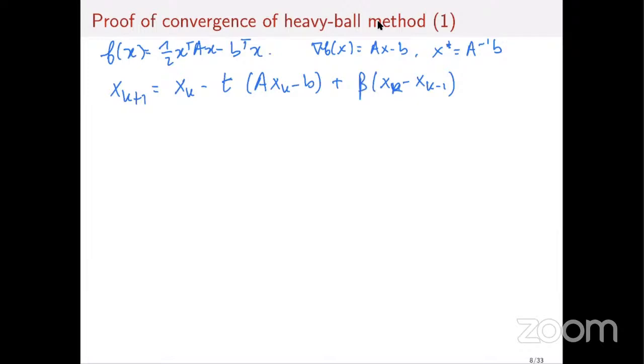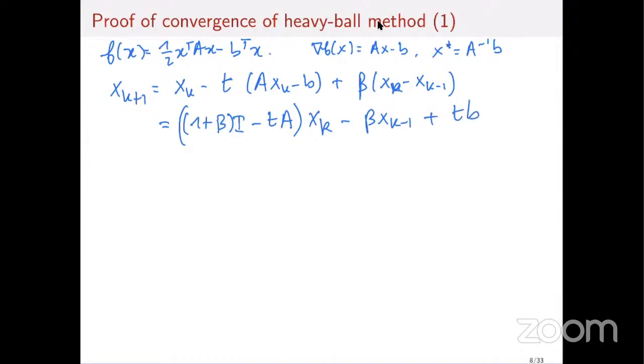Okay, and I'm going to collect together the x_k and the x_{k-1}. So I can rewrite this as (1 plus beta) identity minus t times A, times x_k, and then I have minus beta x_{k-1}, and then I have plus t times b.